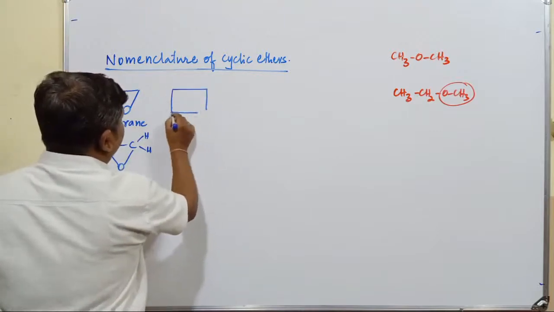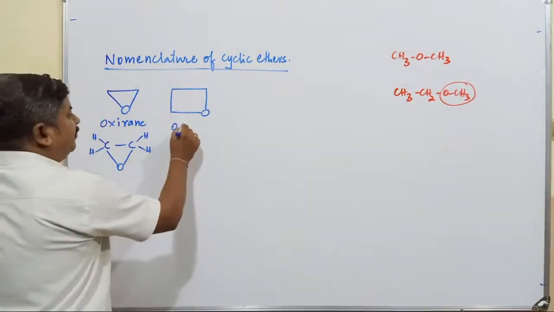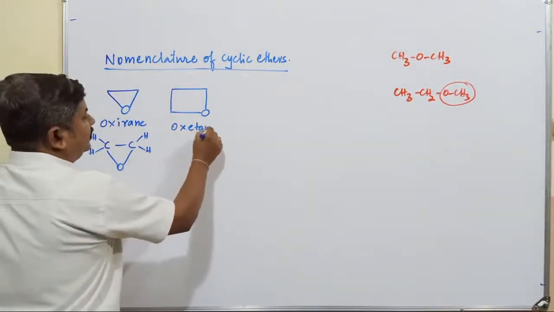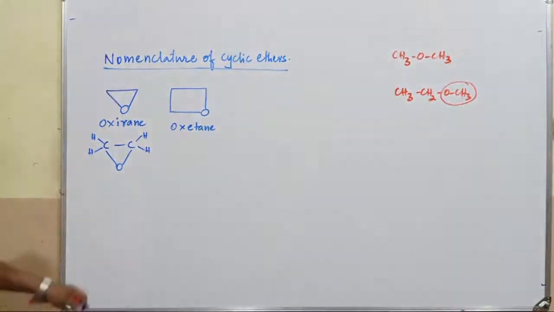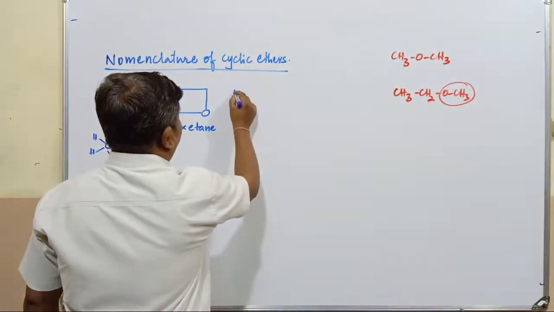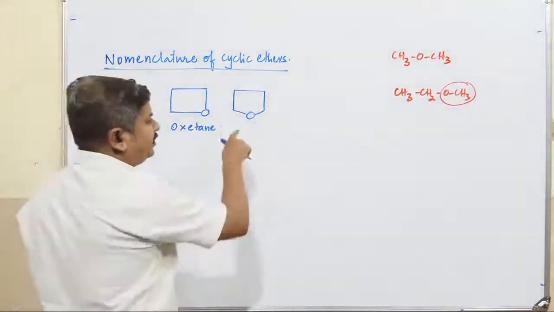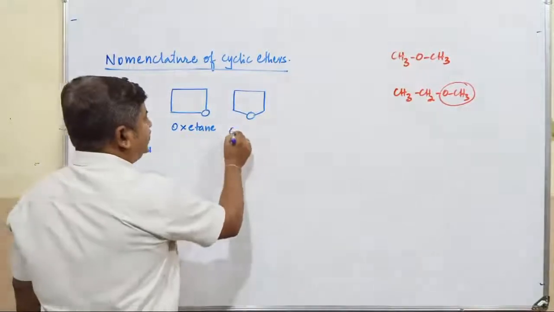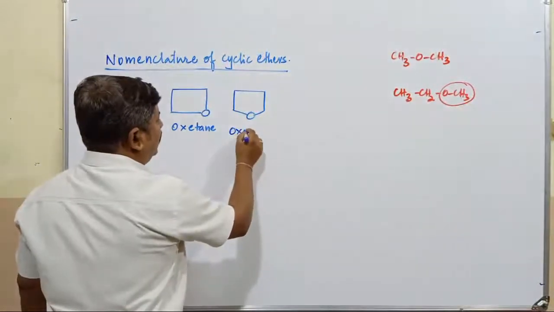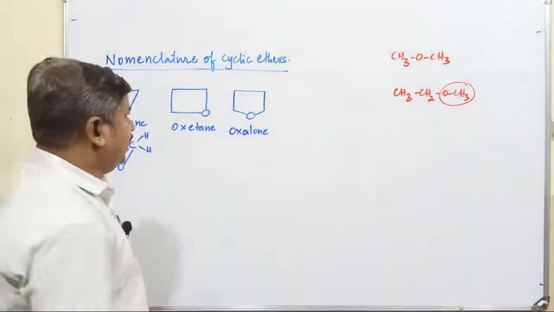Next, the compound with 3 carbon atoms looks like a 4-membered cyclic structure. Such compounds are referred to as oxetane. If you have a compound with a 5-membered cyclic structure, 4 carbon atoms and 1 oxygen atom as part of the cyclic structure, these compounds are called oxolane.